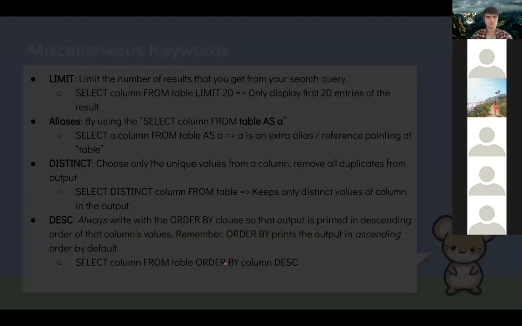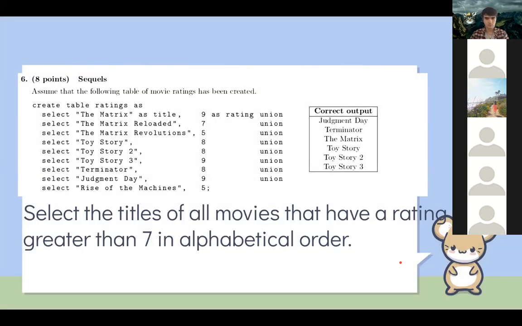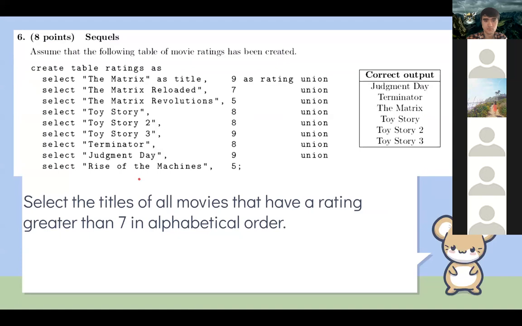Okay, cool. So just as a warm up, I have a table here called ratings, and I want you to write a query to select the titles of all movies that have a rating greater than 7 in alphabetical order. Notice that the rating column is in strings, so there's an easy way to order by alphabetically. Take 1 to 2 minutes to figure it out on your own, and then we'll go through the solution together.